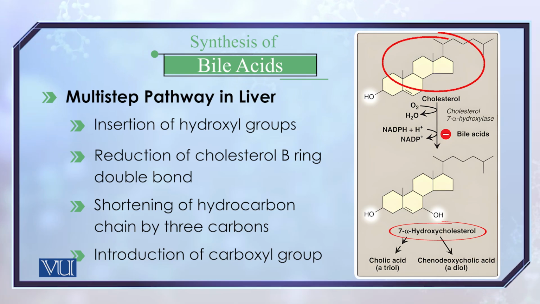Then 7-alpha hydroxycholesterol gives rise to two types of bile acids. One is cholic acid, which is a triol, meaning it has 3 hydroxyl groups, and one is a diol, which means it has 2 hydroxyl groups. The step from cholesterol to 7-alpha hydroxycholesterol is also the rate limiting step, because almost all the biosynthetic pathways are regulated by feedback mechanisms.